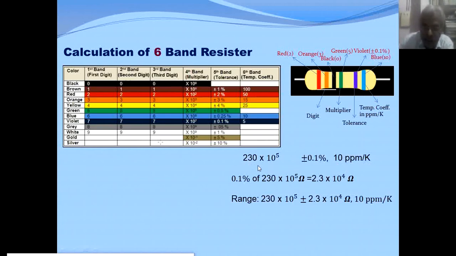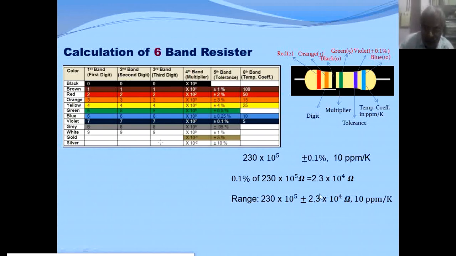So if we calculate this value, first find the tolerance. First find the tolerance 0.1% of this value. Then we get 2.3 into 10 to the power 4 ohm. This is the tolerance value. This value will be added to and subtracted from 230 into 10 to the power 5, that is 10 to the power 5 plus minus 2.3 into 10 to the power 4.